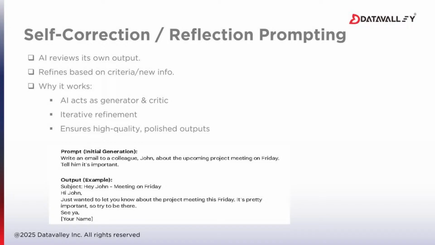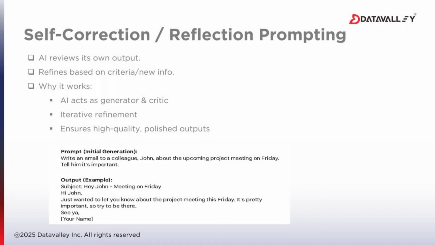Next, it ensures high quality polished outputs. Again, same point: by explicitly guiding the model to check against specific criteria, whether professionalism, accuracy or self correction, this helps to produce highly polished and precise final responses which meet our requirements.